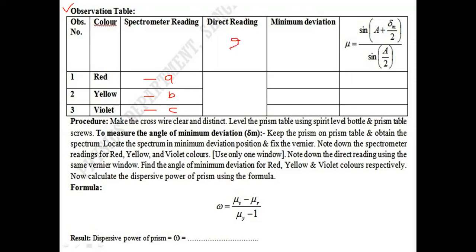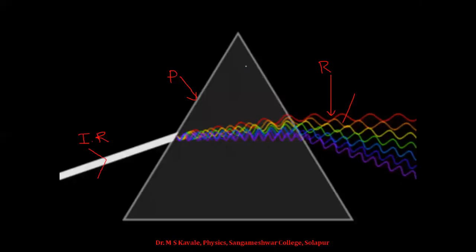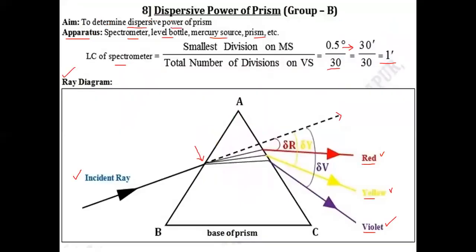And after that, what about the direct reading? Yes, the direct reading can be taken with the help of this diagram. You can understand the direct reading with the help of this diagram.